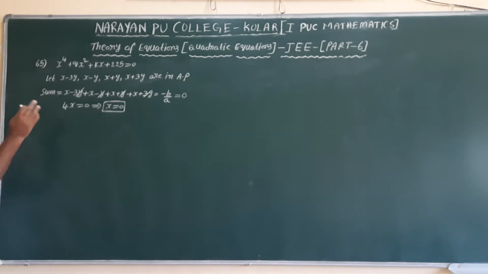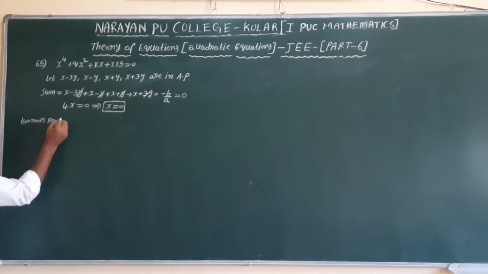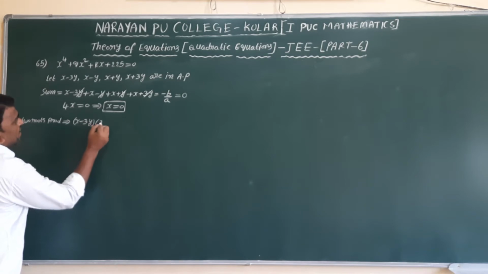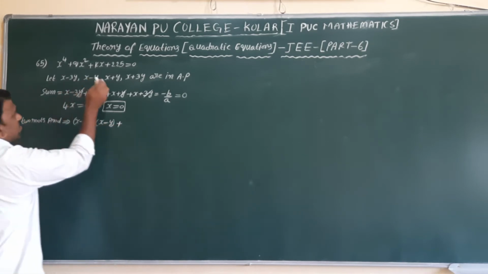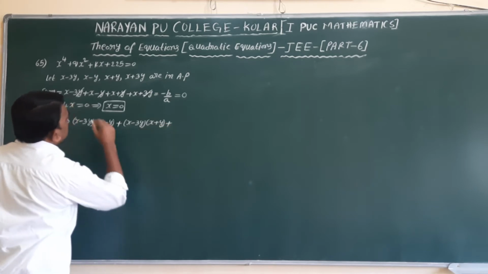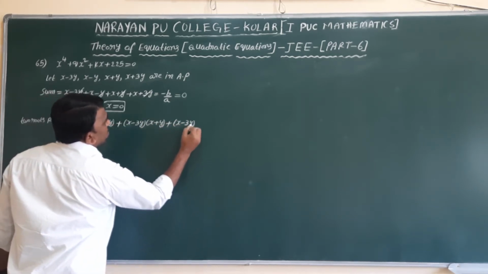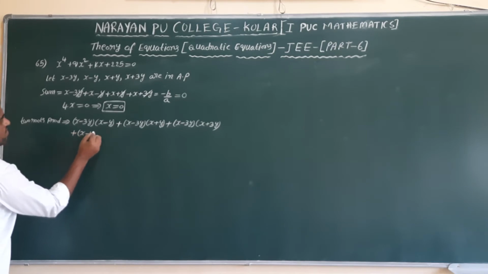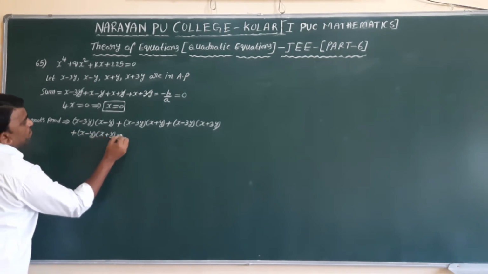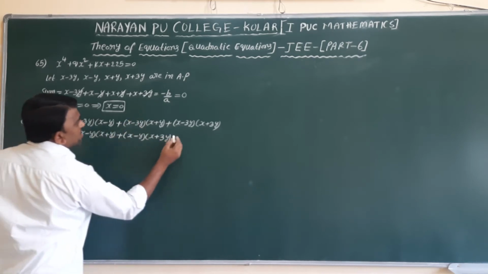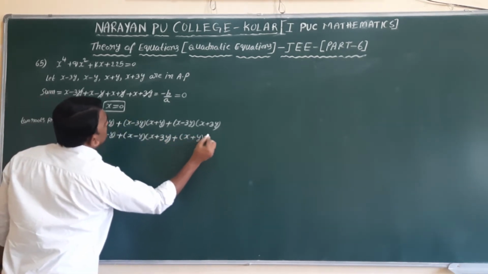Next, the product of two roots at a time. Take x minus 3y into x minus y, plus x minus 3y into x plus y, plus x minus 3y into x plus 3y, plus x minus y into x plus y, plus x minus y into x plus 3y, plus x plus y into x plus 3y.